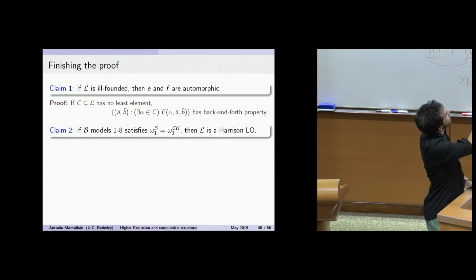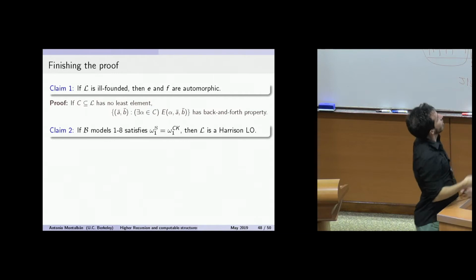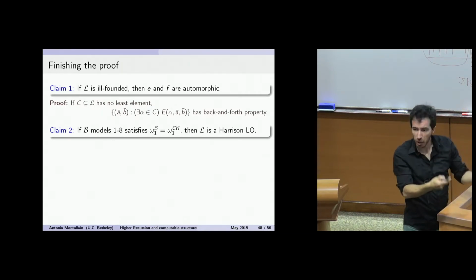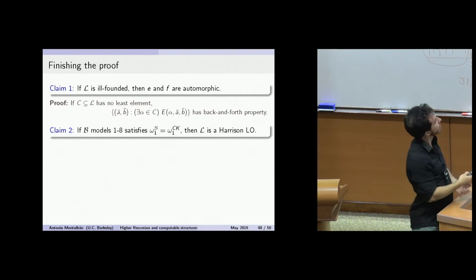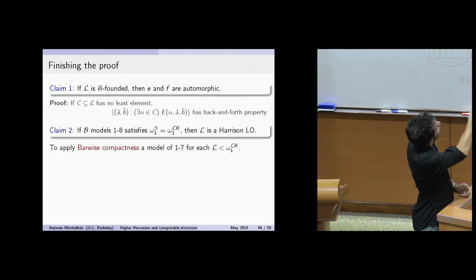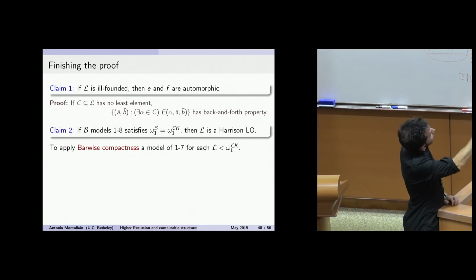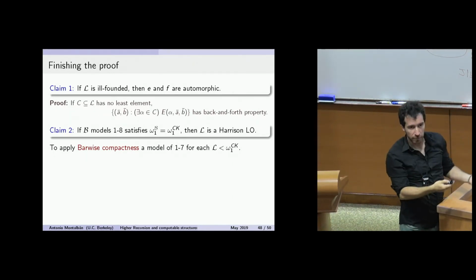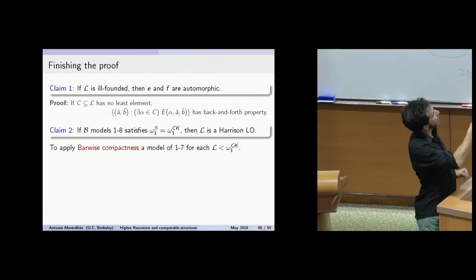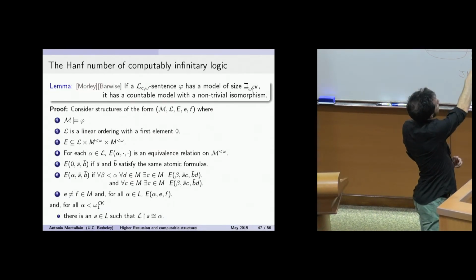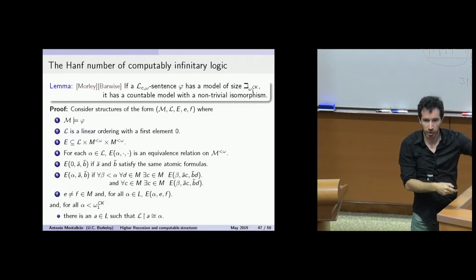So all we need to do is to show that, and also that the existence of a model of 1 to 8 is a sigma 1, 1 property. Well, let's just say this part. To be able to get such a model, we can apply Barwise compactness. And to apply Barwise compactness, we need a model of the previous ones, 1 to 7, that makes this true up to a certain computable ordinal alpha.